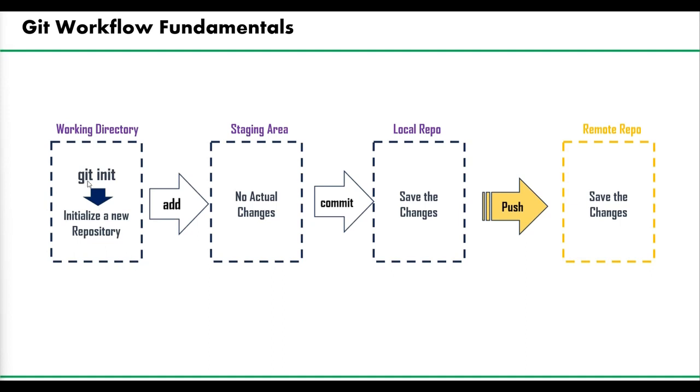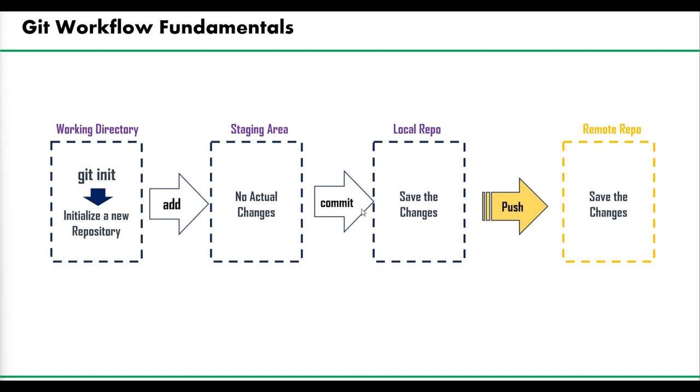To do that, we use git init to initialize an empty repository for us. Then we add the file to the staging area. I'm saying Python file, but it could be any file. The staging area acts as a holder, and no actual changes happen here.